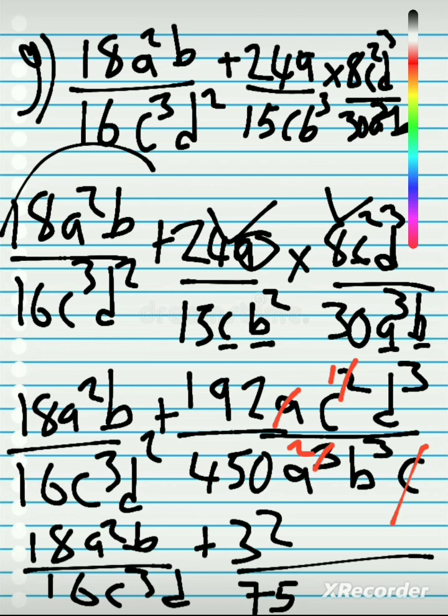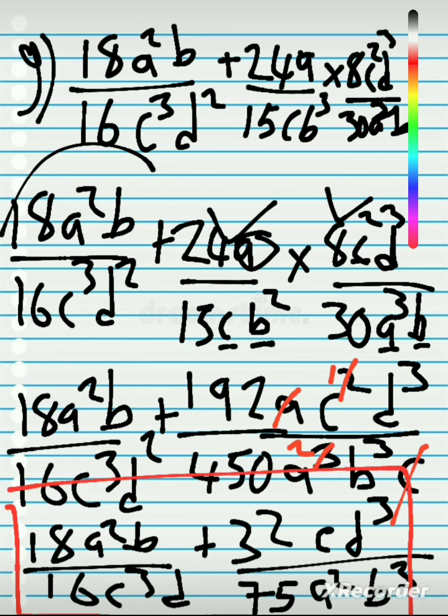Then when it comes to letters on top, a has gone, we have remained with c and d power 3. On the bottom, there's a power 2 and b power 3. c is gone. So we go to addition.